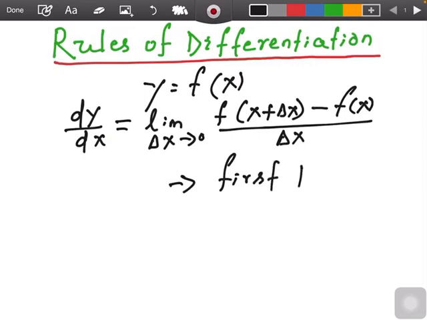By applying this first principle, you can find derivative directly. Today we will be reading how to find derivative by applying different rules. So let us start.